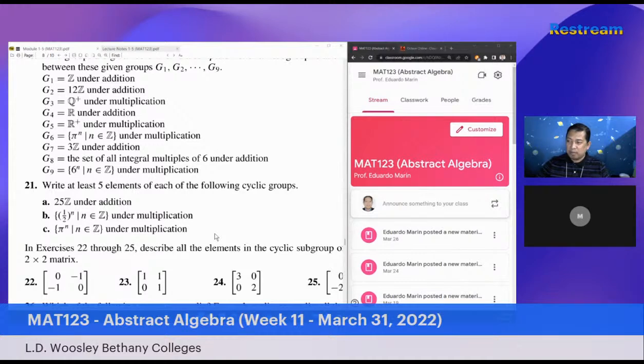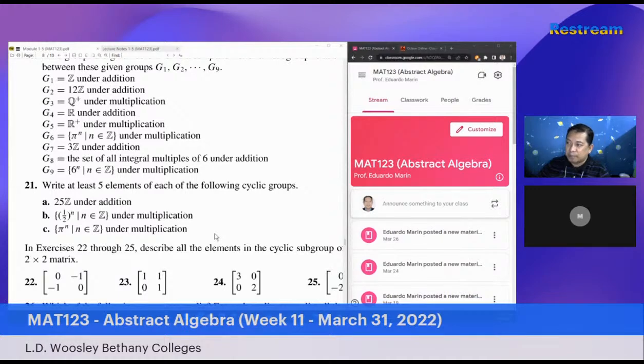So it could be positive or negative integer. So anyway, pwede naman, it's just the listing. Pero dyan at least 5 elements, though these are infinite groups, no? So you have 4, 2, 1, 1/2, and 1/4. Okay, so that's the part of the listing. If we continue the listing, pwede, no?